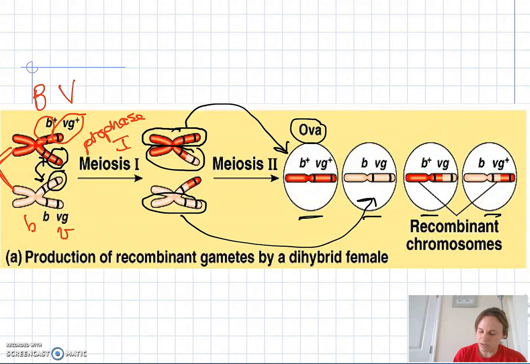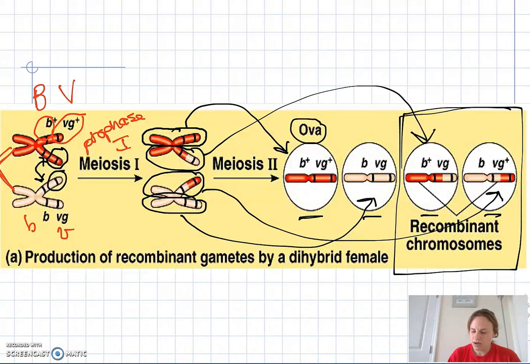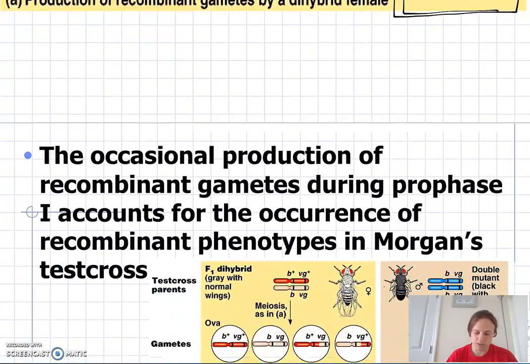Here would be my third potential egg. And here would be the chromosome that would be found in my fourth potential egg, where these last 2 eggs are recombinant. They contain alleles from the homologous chromosome.